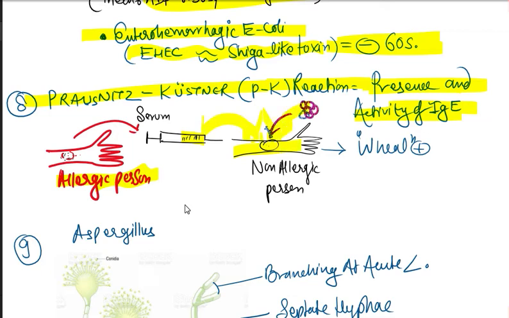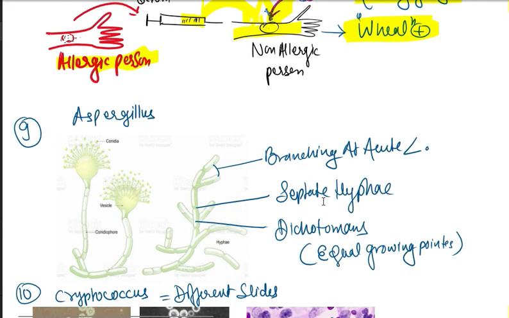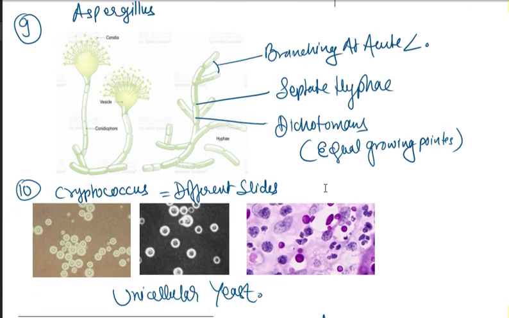If the skin is showing a wheal, it means this person is sensitive to that particular antigen. Because the serum is transferred from one patient to another, there is increased risk of hepatitis and AIDS. So such a test is obsolete right now. It is not done anymore.